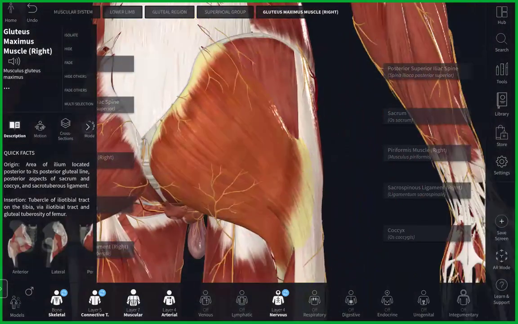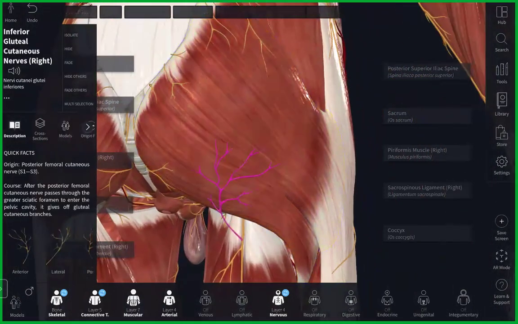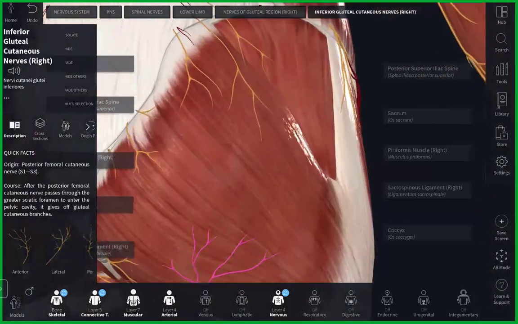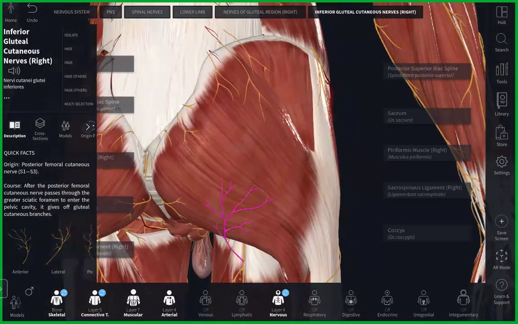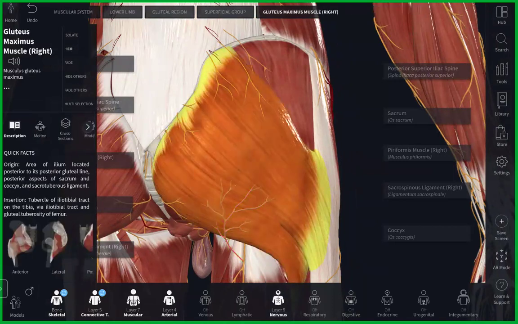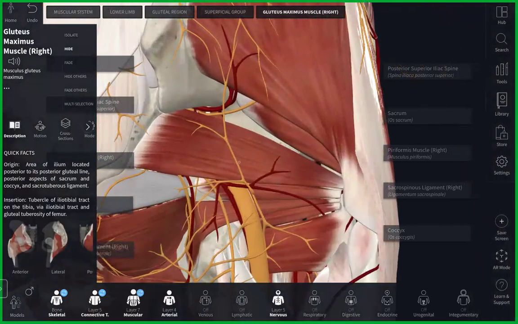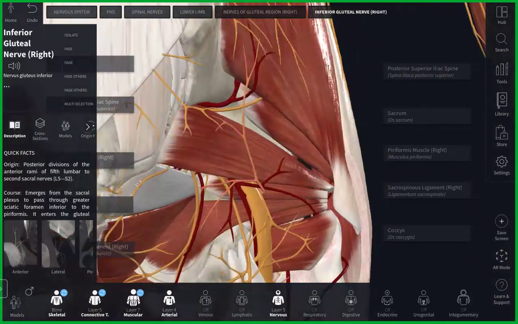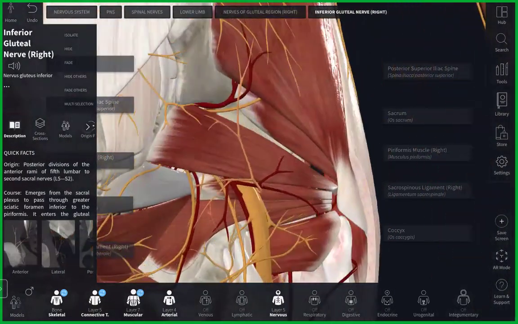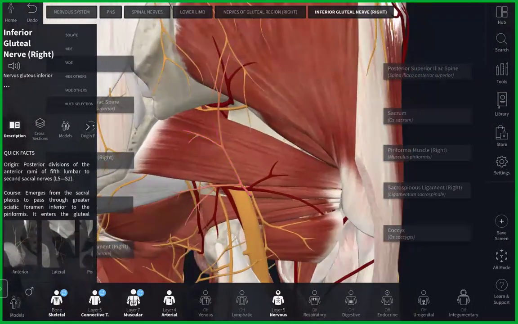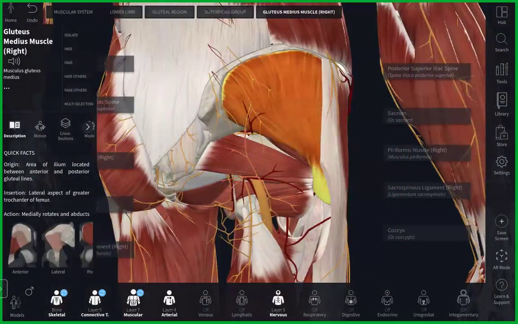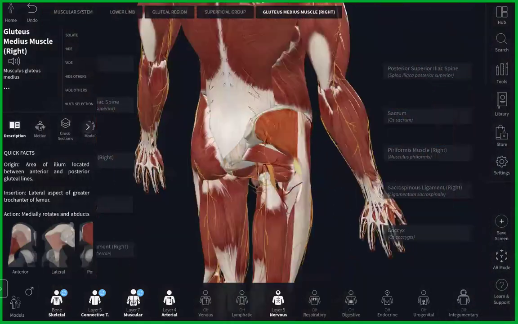This is our gluteus maximus, and it's supplied by this nerve, our inferior gluteal nerve. Then the superior gluteal nerve supplies gluteus medius and minimus. Okay. That's it.